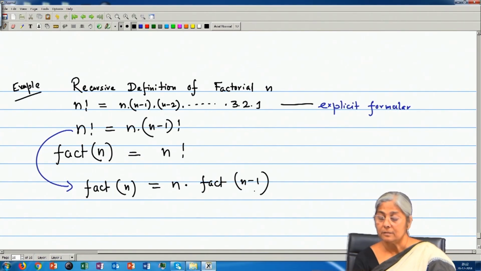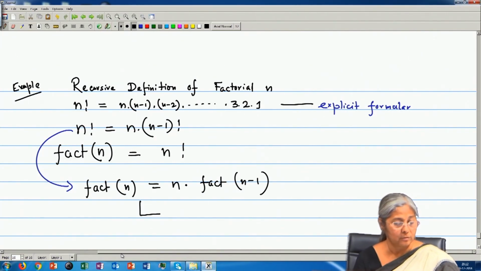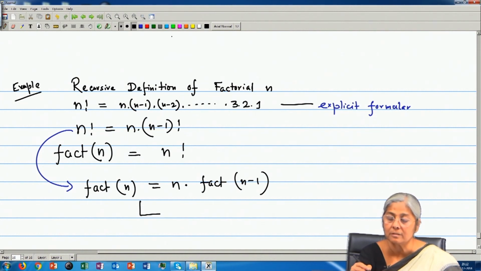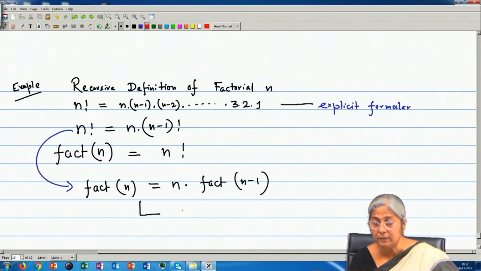See that the same function, only with different arguments, is used to define a recursive function, and this is how we define a recursive function.